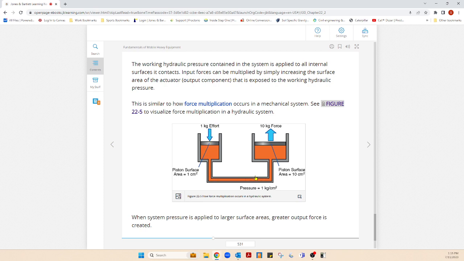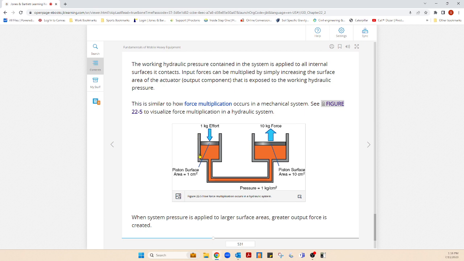Now it goes down here and it's coming into this larger area over here, which is 10 centimeters. So you're going to have a 10-to-1 force multiplication factor. So whatever you do here, you're going to be able to do 10 times when it comes to force, but you're going to lose a tenth.